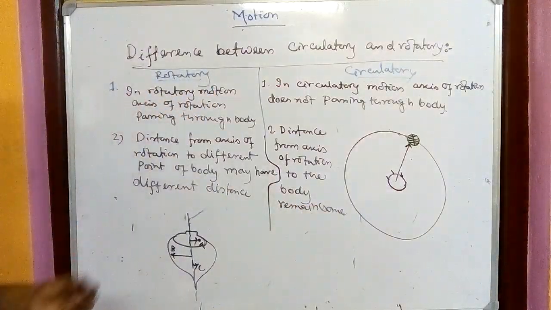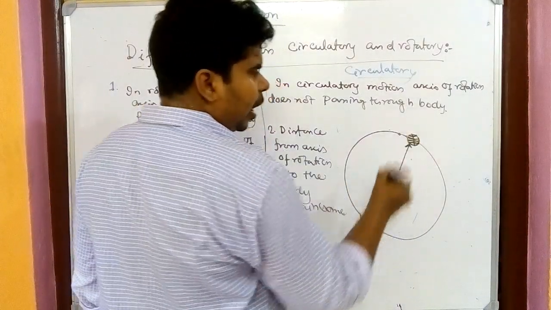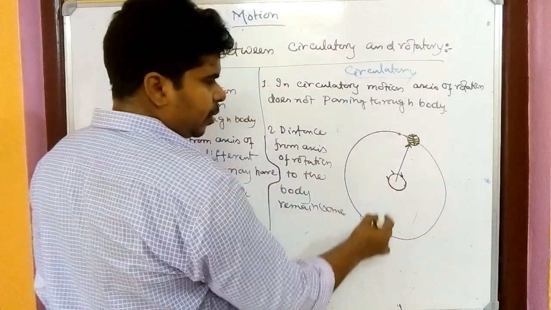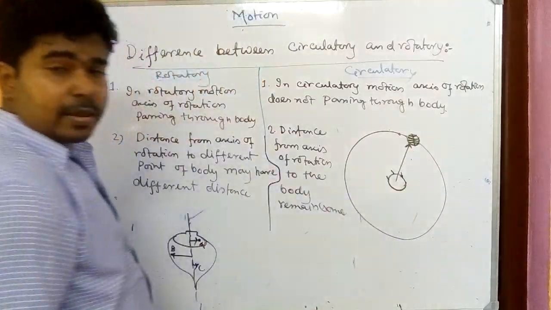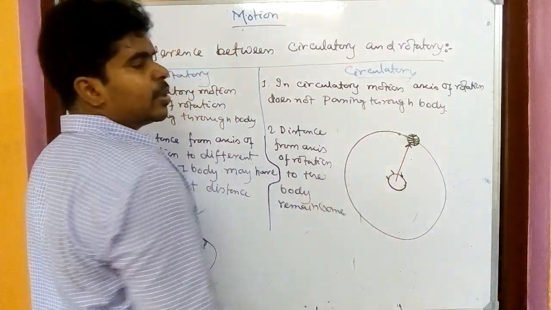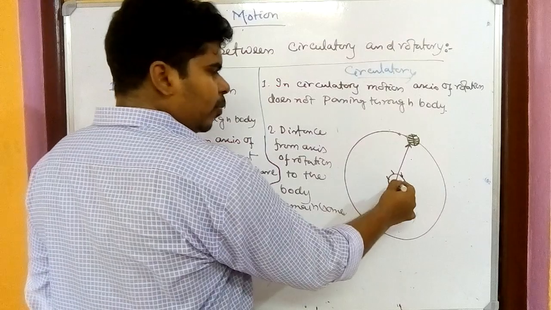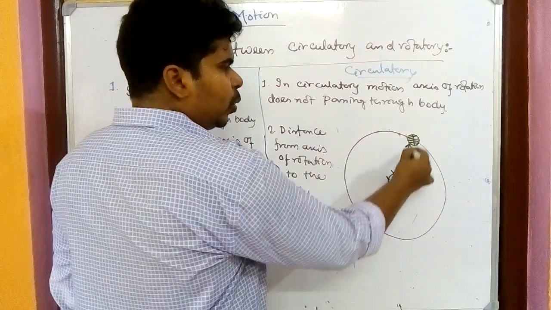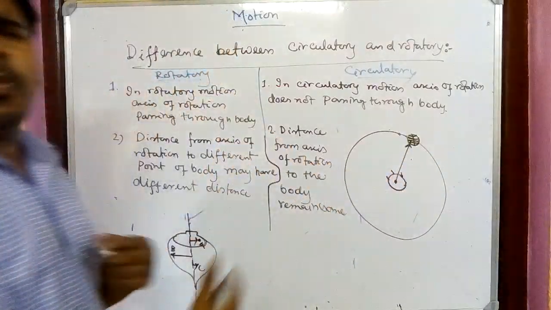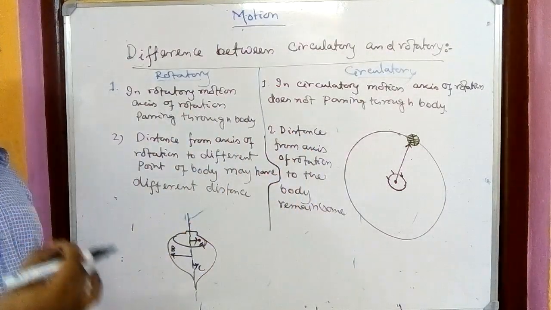Here, you might be thinking, sir, if I take one point on the earth here and another point here, they may have different distances, but compared to the size of the earth, the distance is so long, so we take the distance from the axis of rotation to any point on the surface of the earth, and that will be the same.